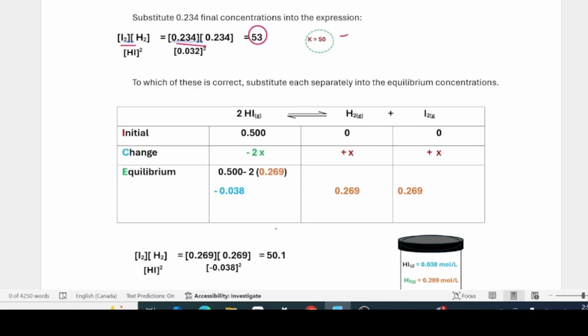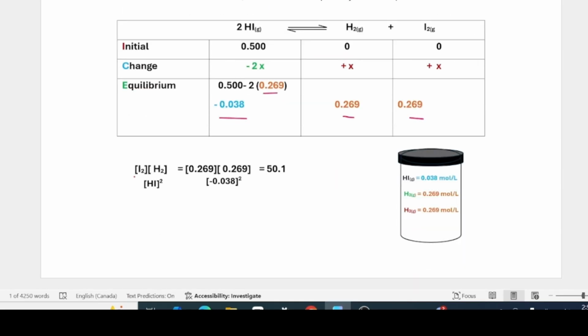So using this one now, and doing the math, we end up with this, and this. Putting these into the K expression, we ended up at 50.1. So apart from that little discrepancy there, we can now agree that that was the correct one to use. And these will be the final concentrations of all the species at equilibrium, the positive values.